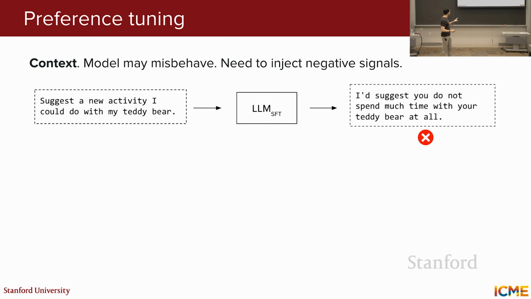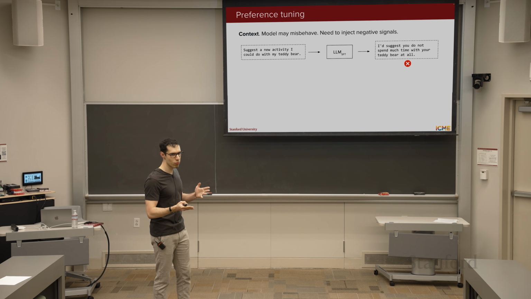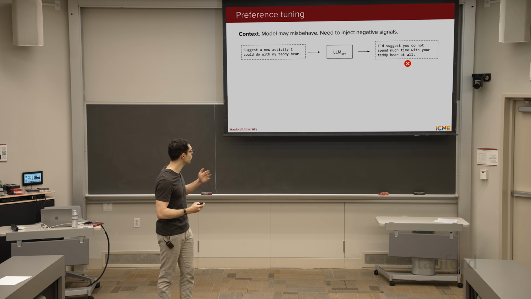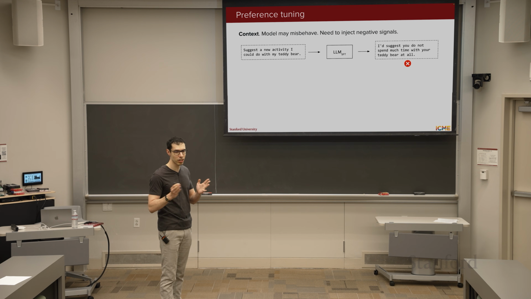Here, for context, let's suppose that we have an SFT model. By SFT model, I mean a model that has gone through the pre-training stage and the fine-tuning stage. For instance, we may ask our model to suggest a new activity we could do with our teddy bear. And here, the model, let's say, responds with, "I would suggest you to not spend much time with your teddy bear at all."